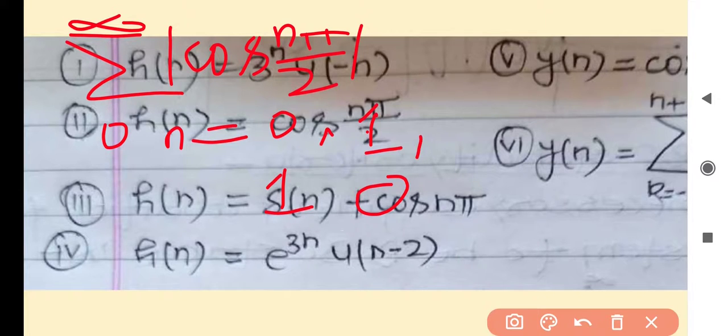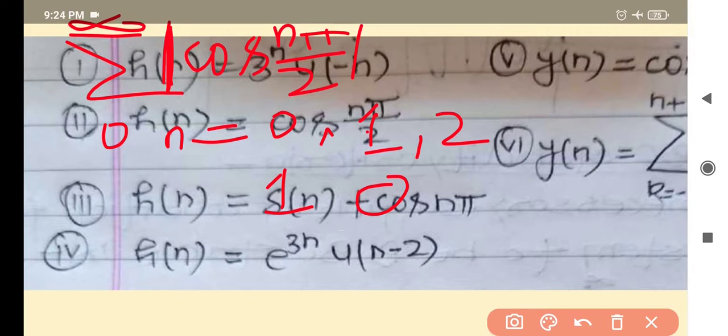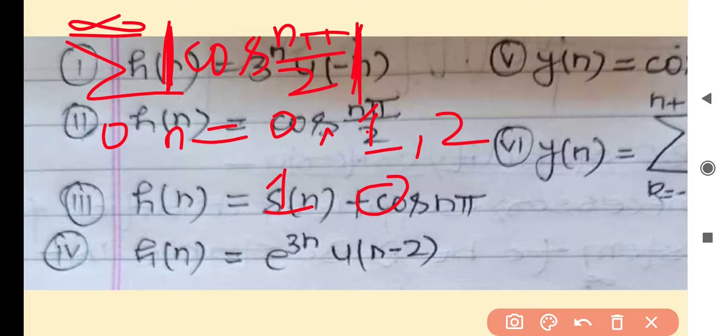When n is equal to 2, it will become cos of pi. Because we have to take only modulus, we do not have to take sign. Cos of pi will give value -1.